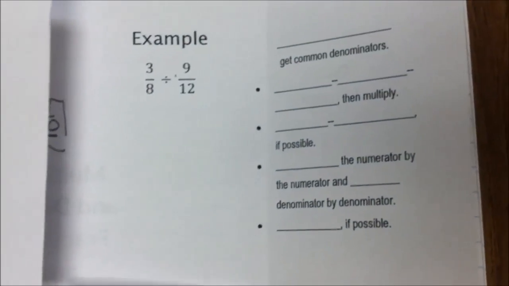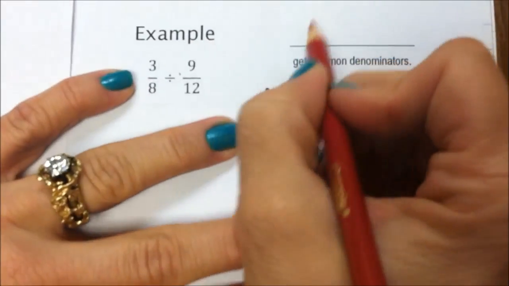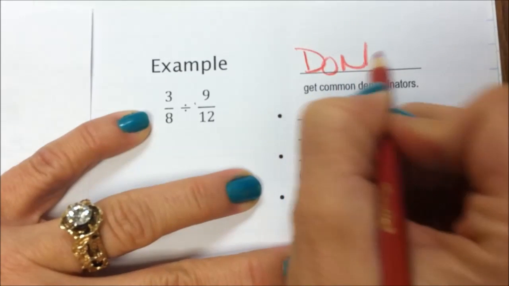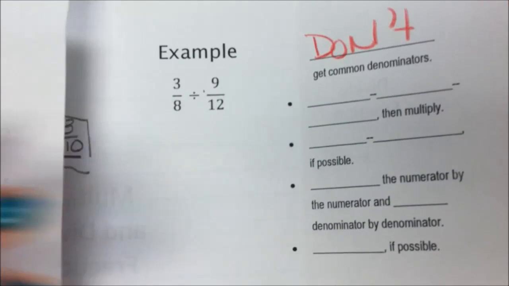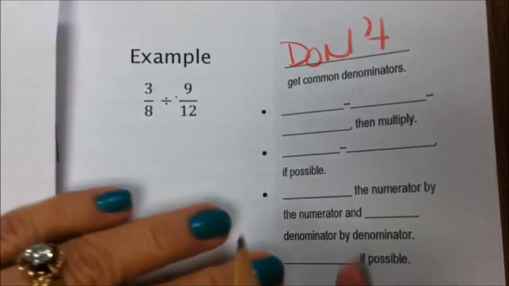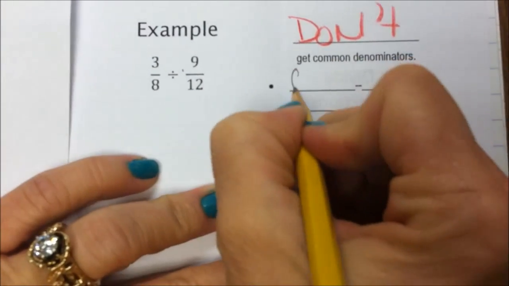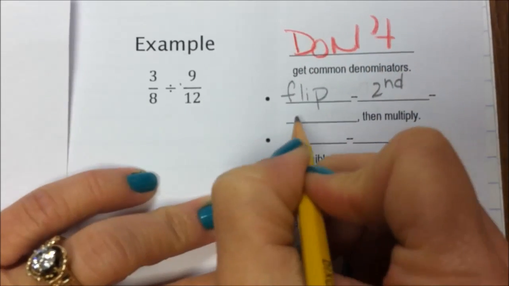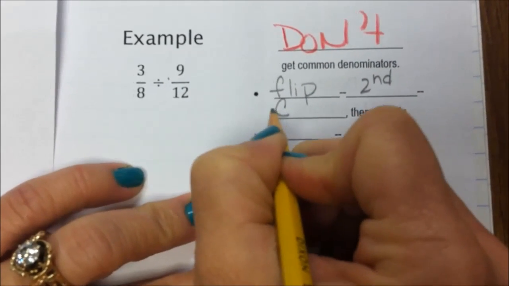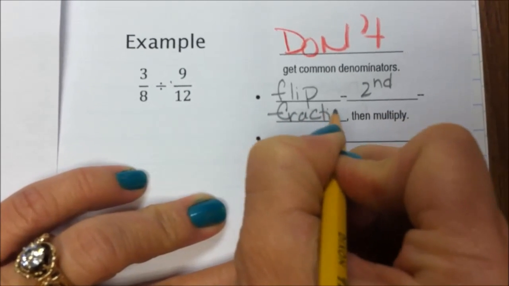So moving on to dividing of fractions. Once again, you do not want to have a common denominator. With dividing of fractions, you're going to flip the second number. So we're going to flip the second fraction.